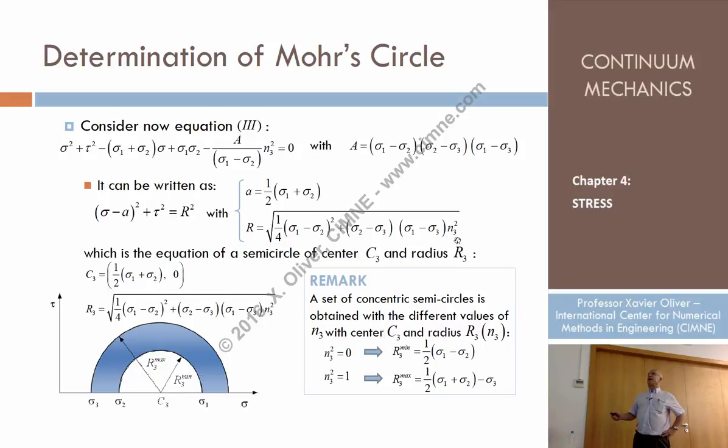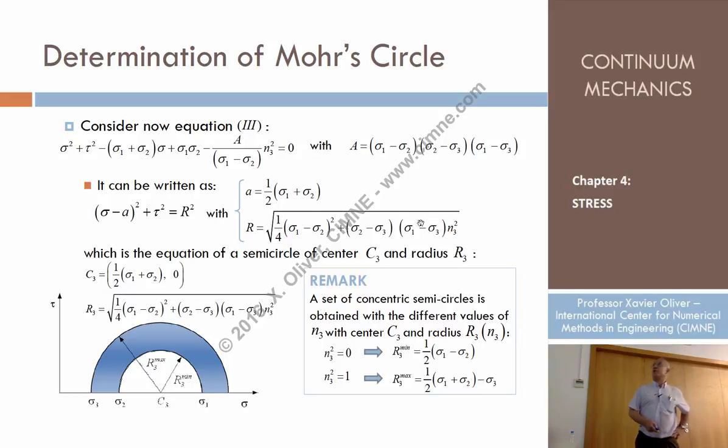It depends on how large is n3 squared. Looking at that, this value is positive, this value is positive, this value is positive by construction, so the smaller is n3, the smaller is the radius, the larger is n3, the larger is the radius, okay? So what is the smaller radius that I can get here? Well, the smaller value of n3 squared is 0.